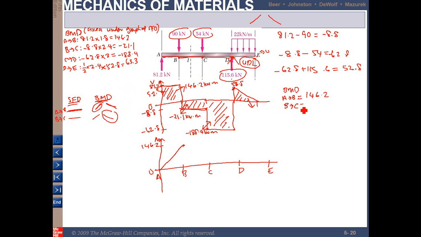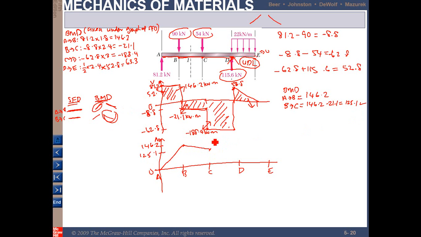So from B to C, it is 146.2 minus 21.1, which is equal to 125.1. Because it is a straight line in the shear force diagram, it will be inclined either like this or like this, but because it is negative here, it is inclining like this. So it goes to 125.1. So let's say this here is 125.1, because we calculated and got 125.1. So it will go down like this.